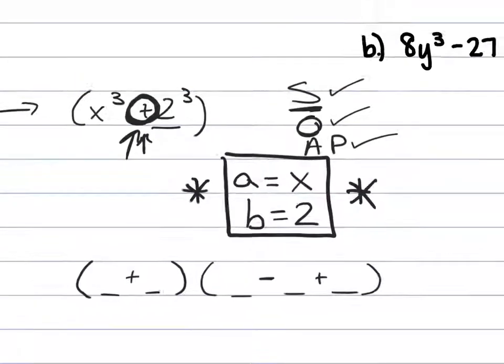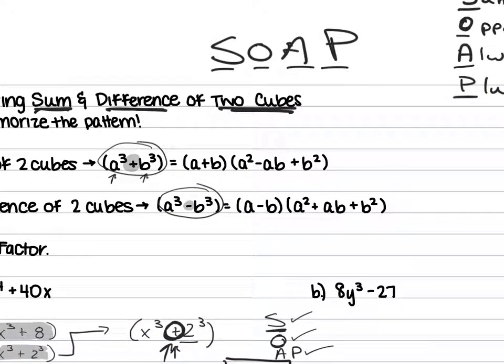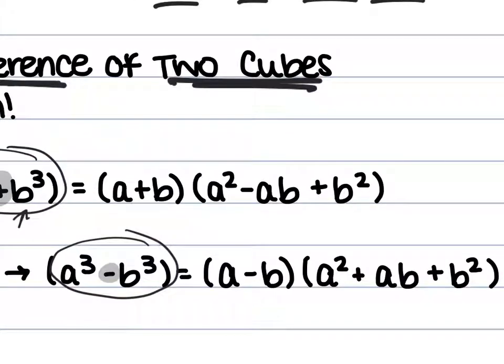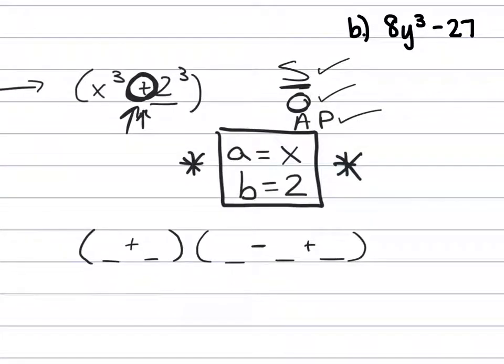Now, if you look back up here, it says that the way that you factor these is you write A, B, A squared, B squared, and then just A times B in the middle. So I'm going to put A right here. What's A? I'm going to put B right here. What's B? I'm going to put A squared right there.